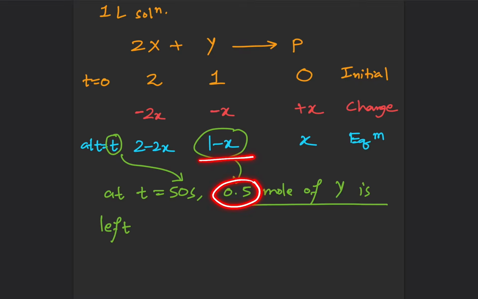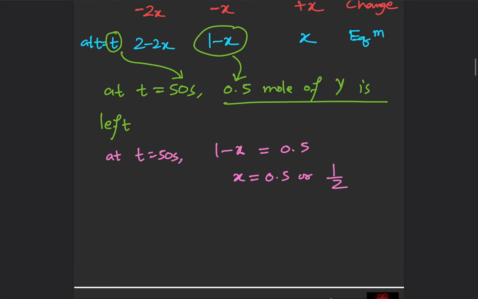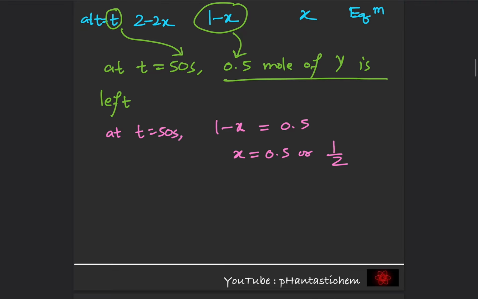So at time t equal to 50, 1 minus small x will be equal to 0.5. Therefore x will be equal to 0.5, or 1 by 2. Very important. Using this information, we can now talk about our options one by one.